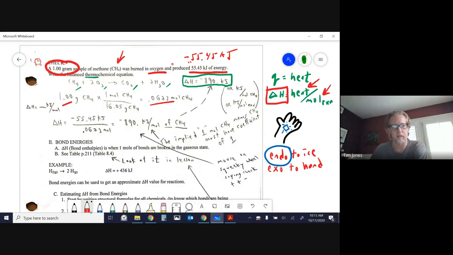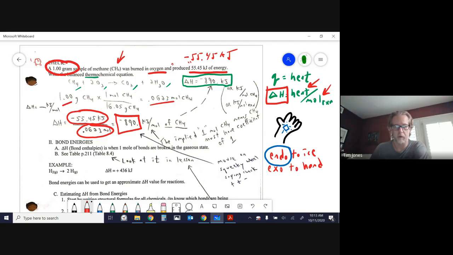So now I need to take the heat. The heat was given as 55.45. It's negative because it said produced, so that's what I have here. Divide by the moles, and that gives me the delta H. Again, I put the dot right there just to show 3 sig figs.